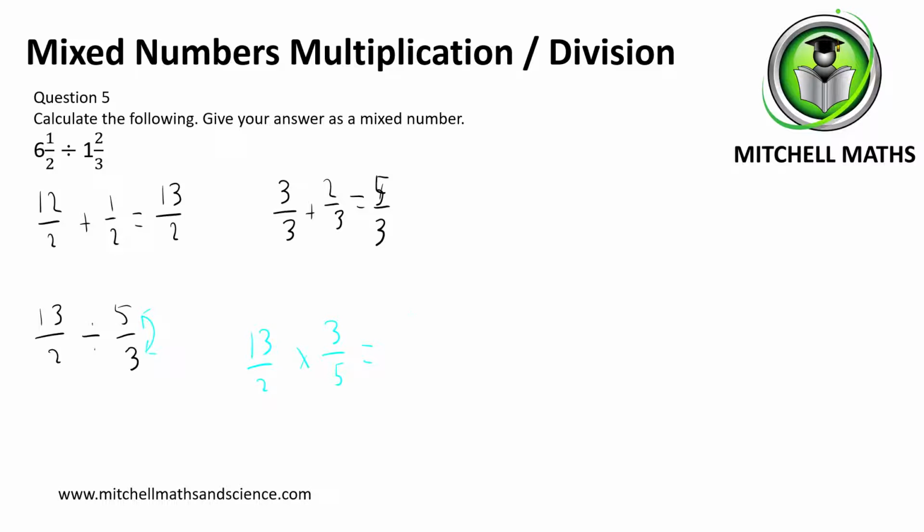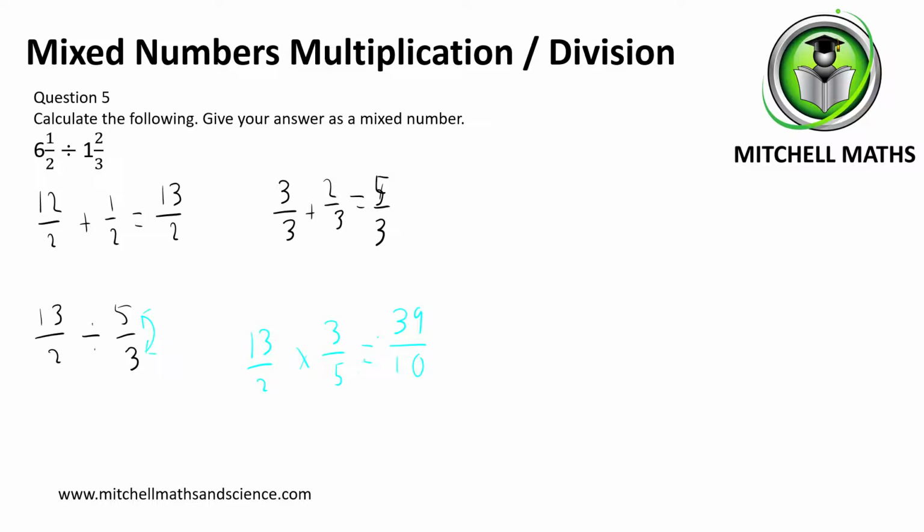Well, 13 times 3 is 39. 2 times 5 is 10. So we get 39/10.